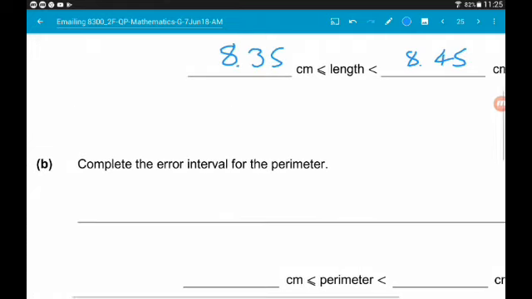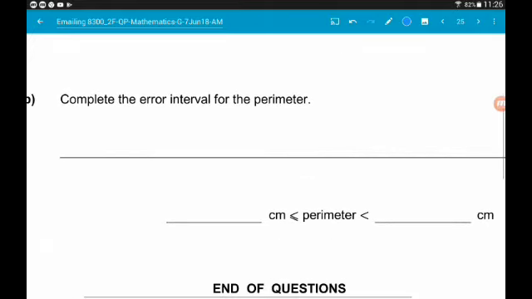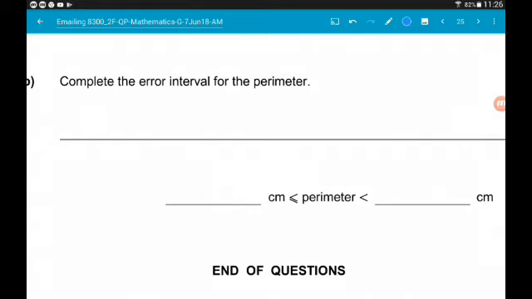So all that we do is multiply each of the bounds of the side length error interval by 5. So 5 times 8.35 is 41.75, and 5 times 8.45 is 42.25.